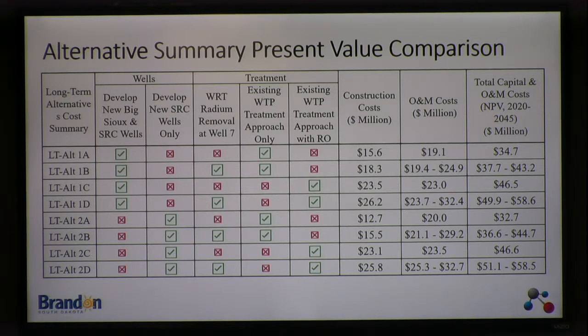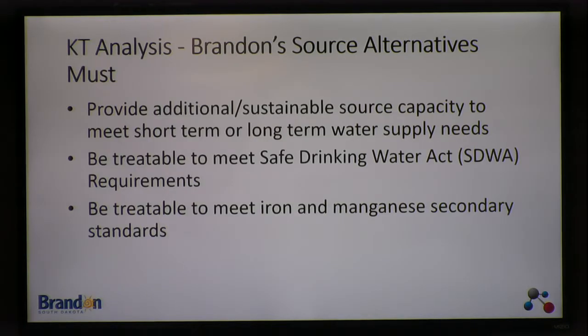So part of the desire in this study was to understand not only the cost issues associated with this, but the other concerns that the city of Brandon might have in implementing those alternatives. So we have a KT analysis that was done. This was a part of the approach. In that KT analysis, you consider alternatives, and the alternatives are judged against what they must do.